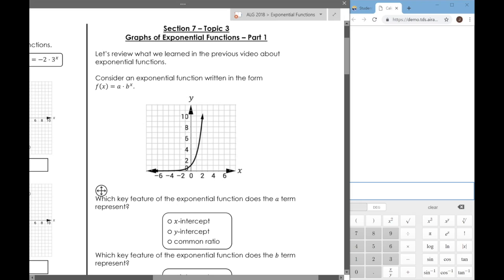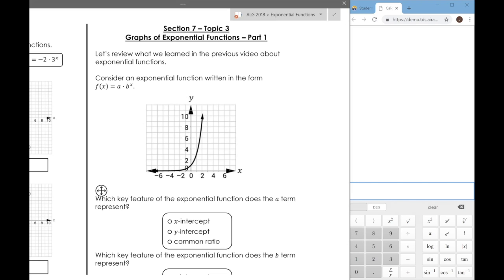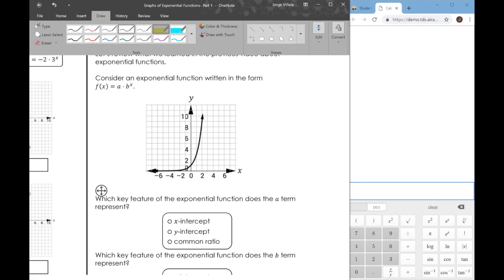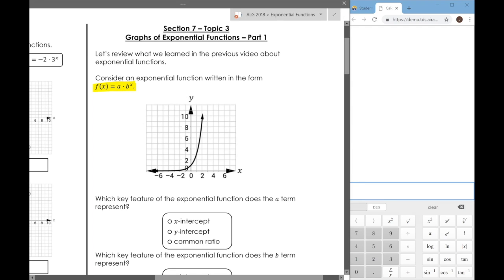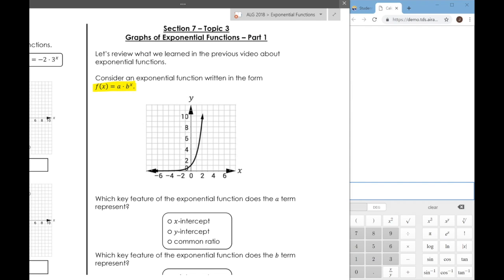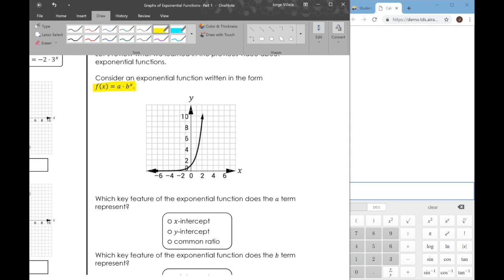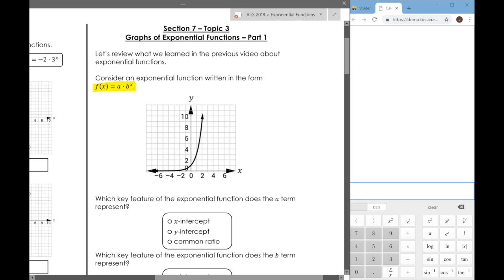Let's review what we've learned in the previous videos about exponential functions. So first of all, an exponential function can be written in this form right here, and this form is called the exponential function. So far we've learned, like I mentioned earlier in the unit, how to draw a straight line, how to draw a curved line, a U, which is a parabola, and now we're learning a curved line like so.